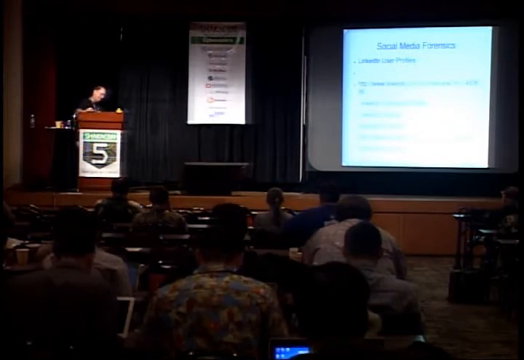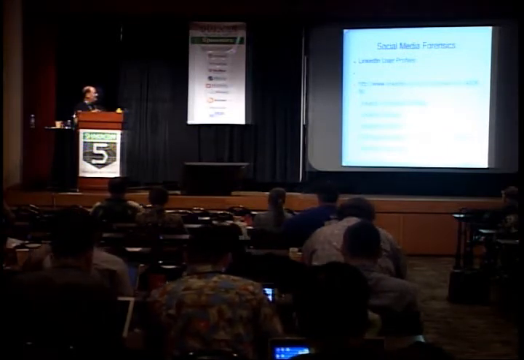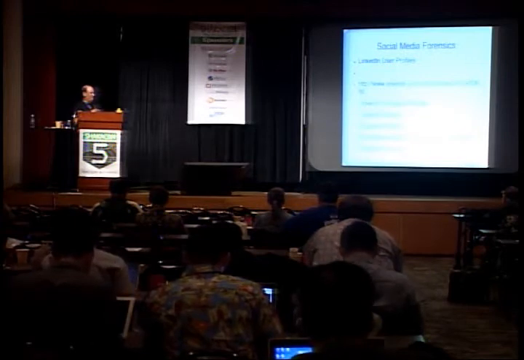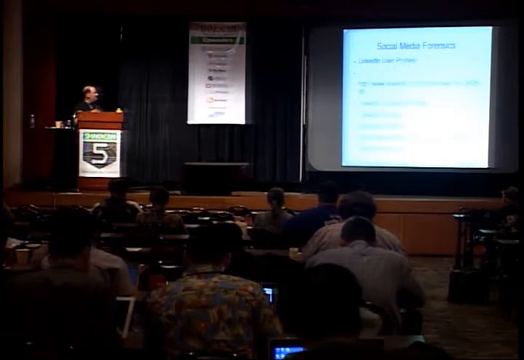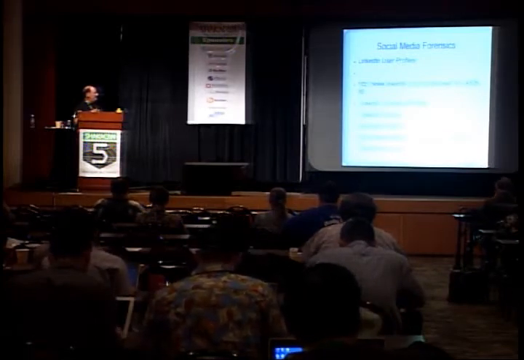Okay, LinkedIn user profiles. Again, it's really no different than any other social network. It all maps down to some internal number. So even if you have a vanity URL on LinkedIn, like /joe.smith or whatever your vanity URL might be, it still ultimately behind the scenes will map into this number.